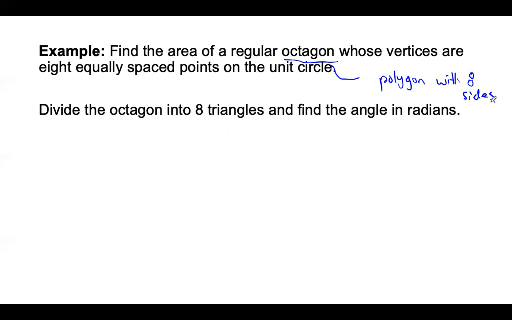Find the area of this regular octagon whose vertices are 8 equally spaced points on the unit circle. So we're going to draw that unit circle that we've done before. So let's draw it. It's really hard to draw nice circles.